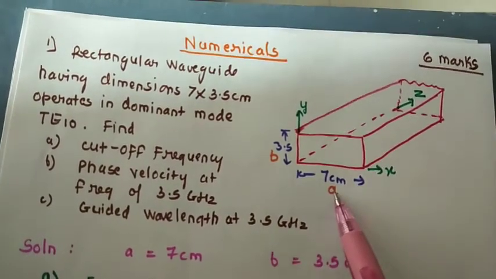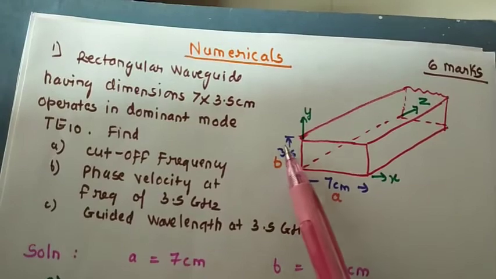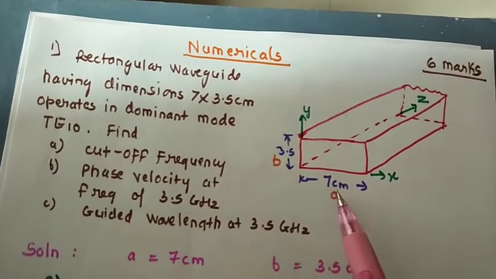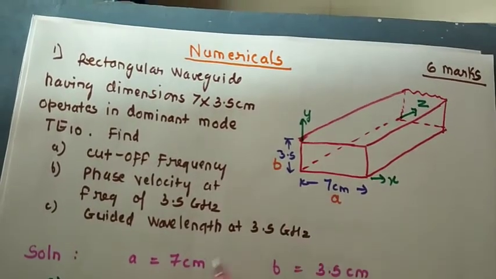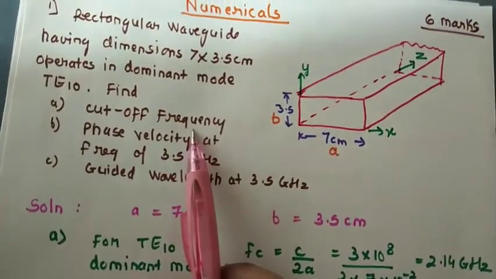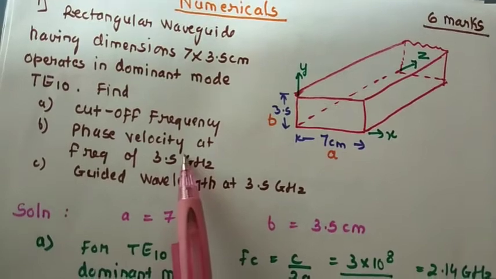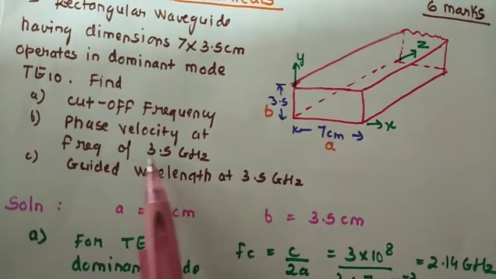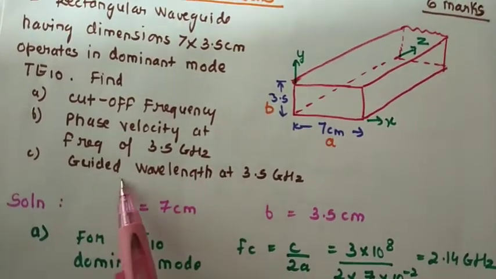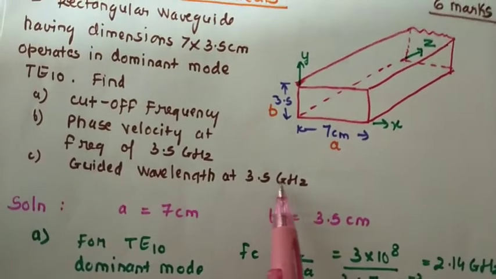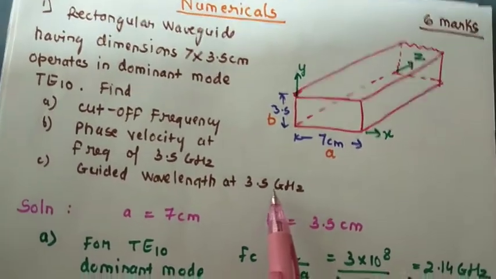This is related with M, this is related with N, that is A, and this is B. Now you have to find out the cutoff frequency, the phase velocity at frequency of 3.5 gigahertz and the guided wavelength at 3.5 gigahertz. Now we'll see this one by one.